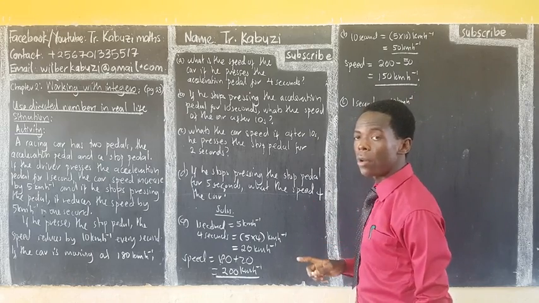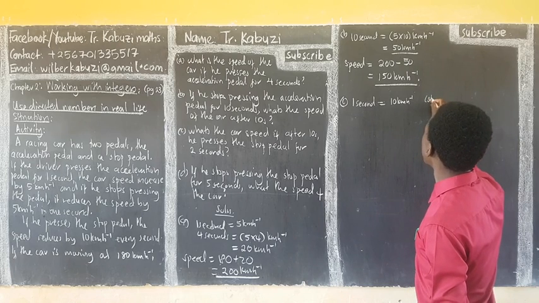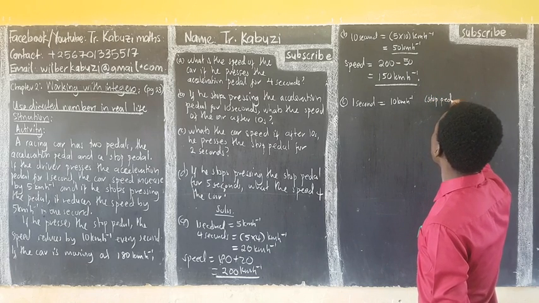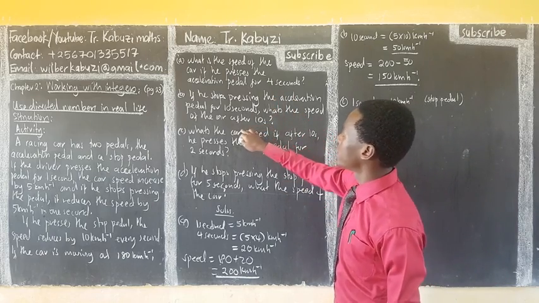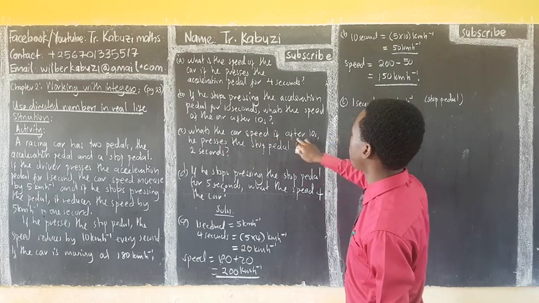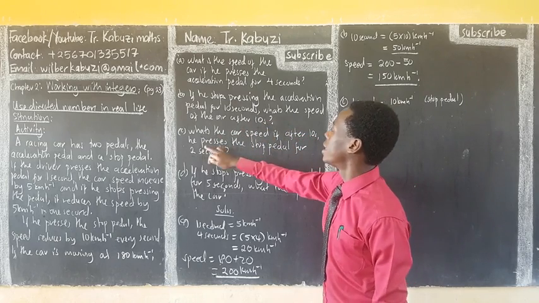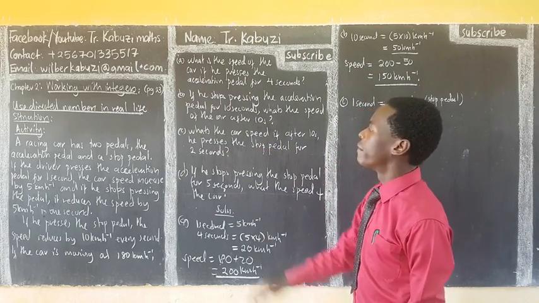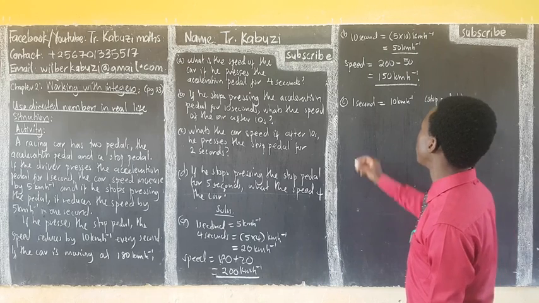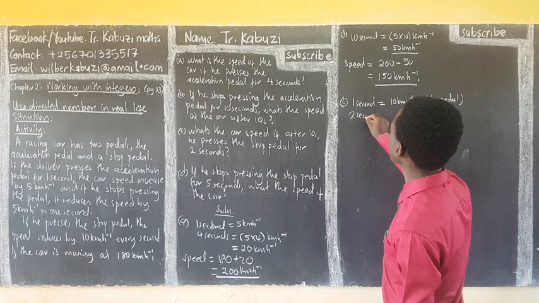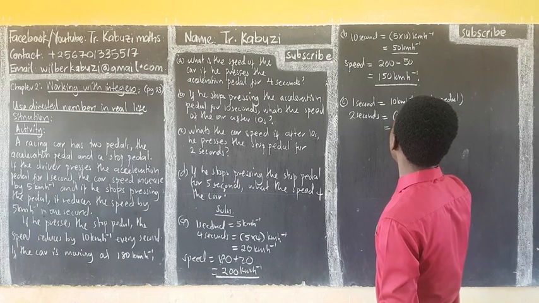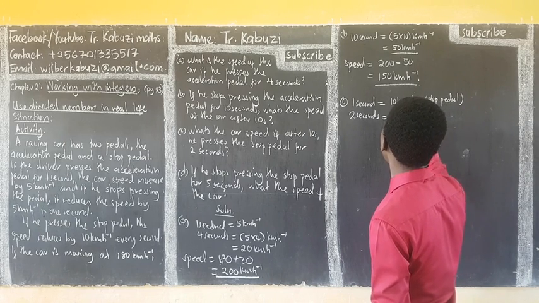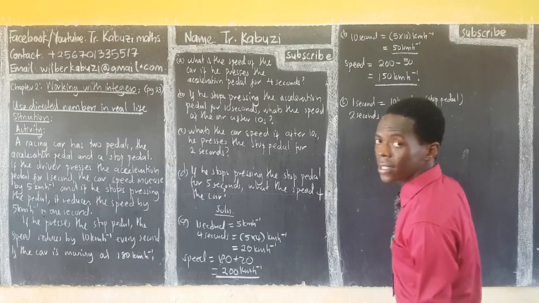Now we are on the stop pedal. After these 10 seconds, I want the car speed. If after 10 seconds it presses the stop pedal for 2 seconds, we are going to have 2 times 10, which gives us 20 kilometers per hour. So now it has reduced by 20.